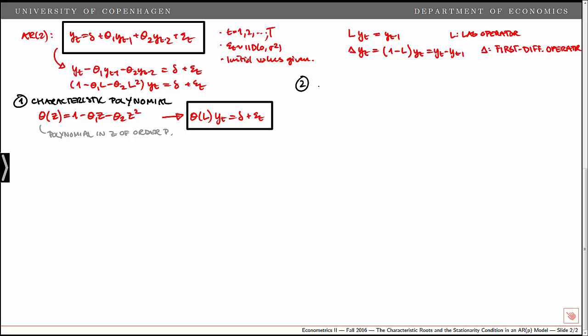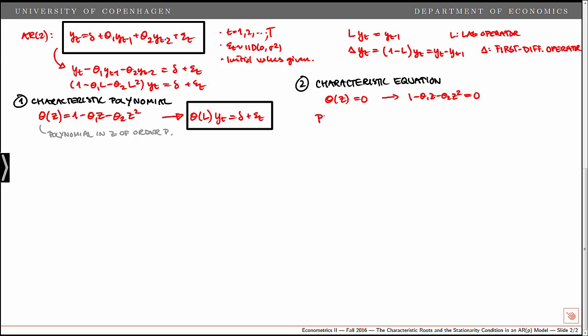Next, we consider the characteristic equation and the characteristic roots. So the characteristic equation is just the characteristic polynomial equal to 0. This gives us 1 minus theta_1 z minus theta_2 z squared is equal to 0.